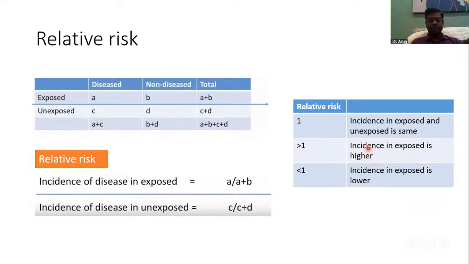That means exposure is positively associated with the disease. If relative risk is less than 1, the incidence in the exposed is lower than in the unexposed group. That means exposure is negatively associated with the disease. This is how we should interpret relative risk. So in a cohort study, we can calculate incidence, and based on incidence, we can calculate the relative risk.